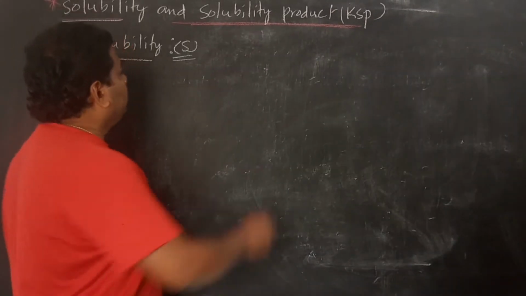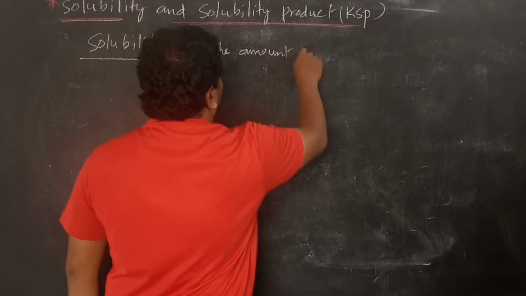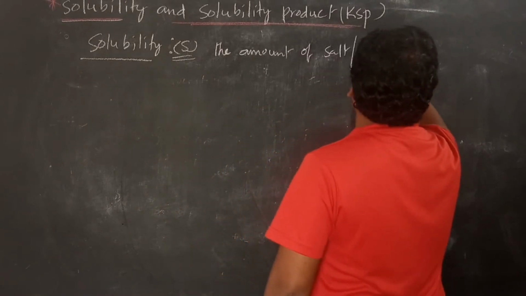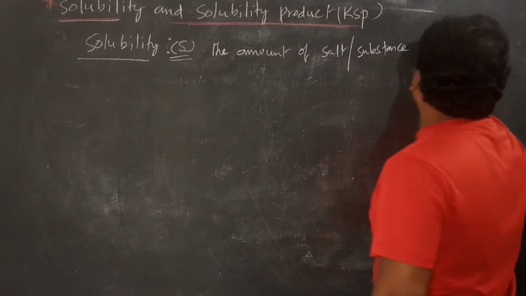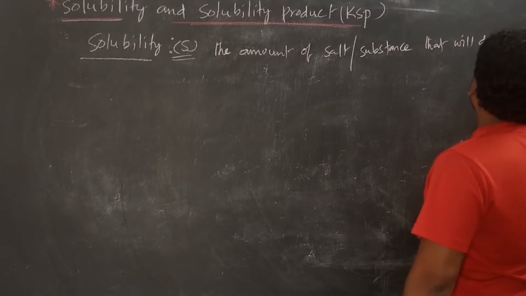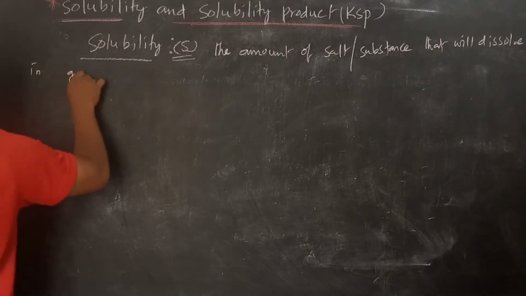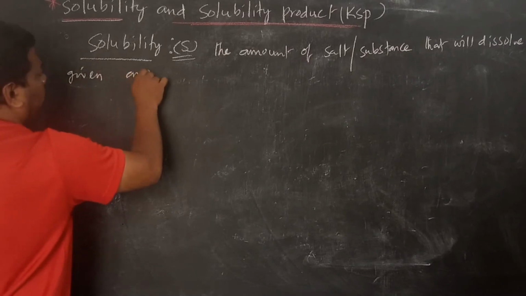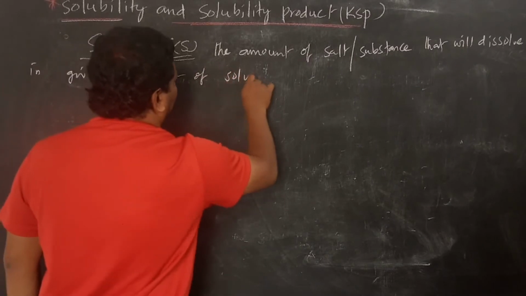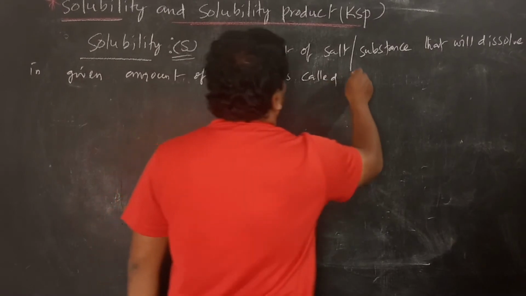The amount of salt or substance that will dissolve in a given amount of solvent is called solubility.